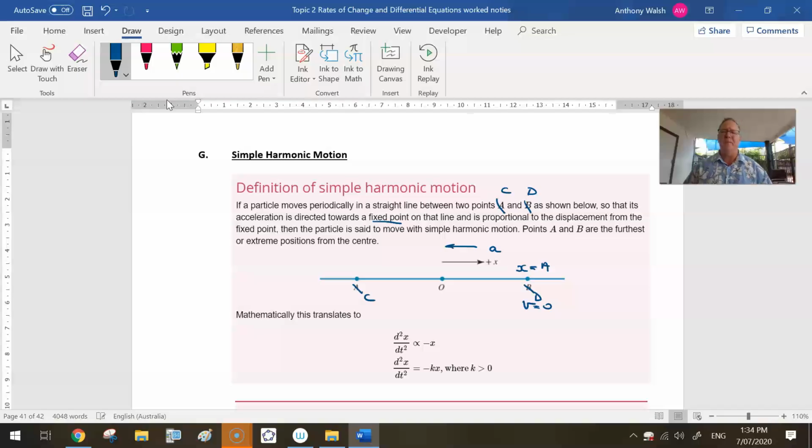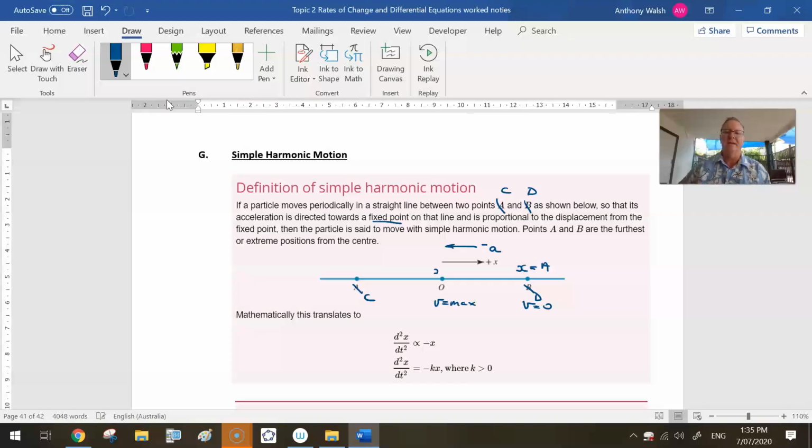If it's got to stop at the point D and then move back towards the center again, all the time it's got to be slowing down. So the acceleration is moving in the opposite direction to its displacement. Now, by the time it gets back to the center, the velocity of the object must be at a max. The acceleration is still working in the opposite direction to displacement.